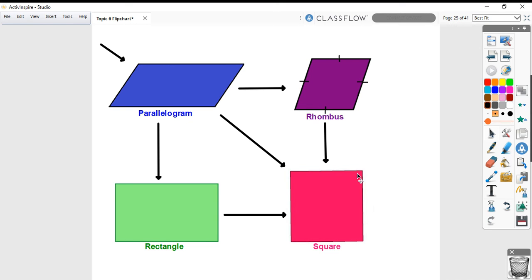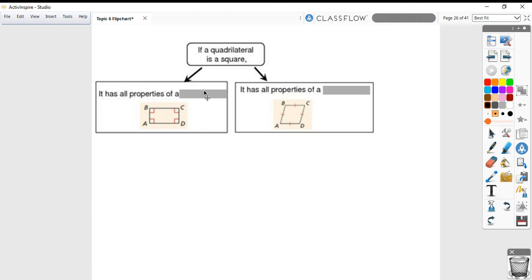It's a square. We got four right angles, and we got four congruent sides all the way around that square. All right, so a square just means it has the properties of a rectangle and a rhombus. All right, so it's a parallelogram. It's got all of that stuff from the first page, but it also has the four right angles of a rectangle. It has the four congruent sides like a rhombus.